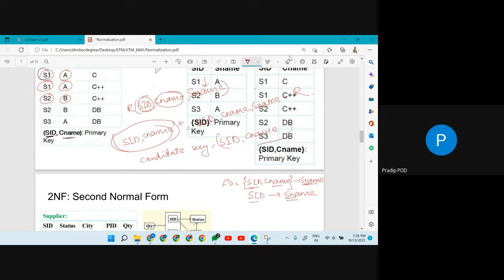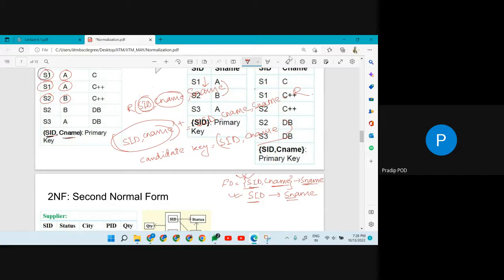But here you can see this satisfies the condition because this is not a proper subset of the candidate key and it derives the non-prime attribute. Then this functional dependency is in the second normal form, right? But if you check this one, you have to check whether it is a proper subset of a candidate key.